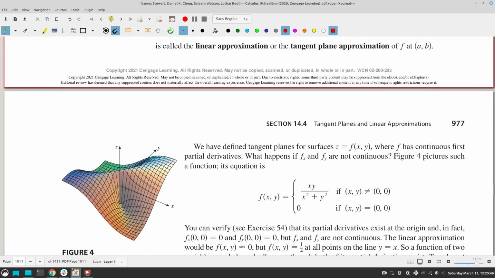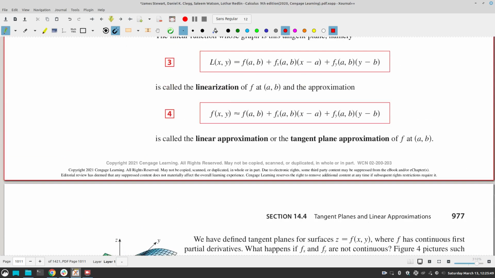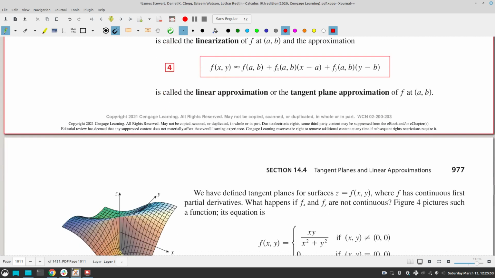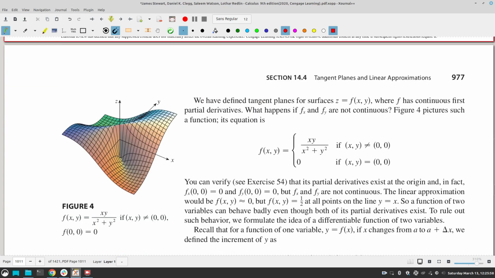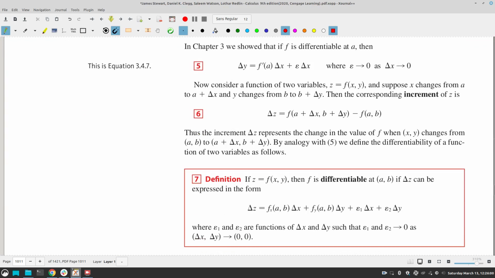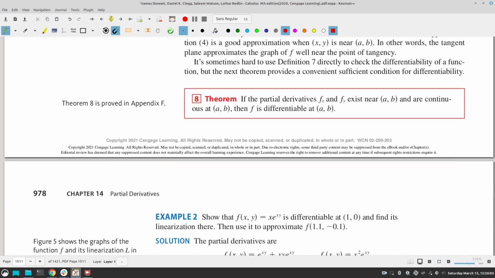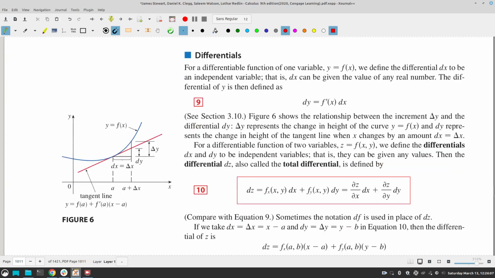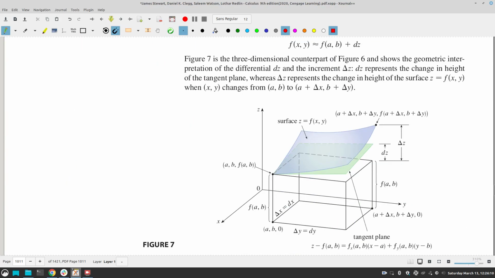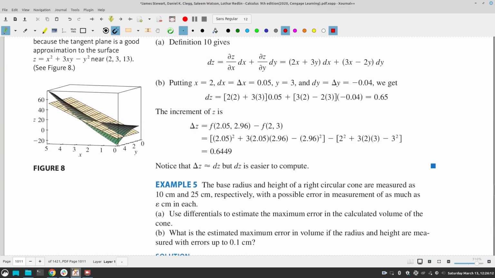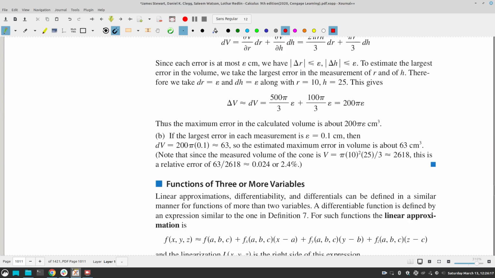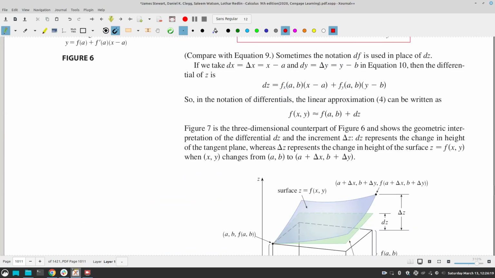Okay, so we've looked at how to find the tangent. We've looked at tangent plane approximation or linearization, and then we're going to introduce a notion of differentiability in more than one variable.